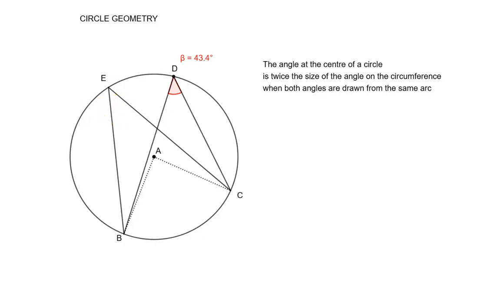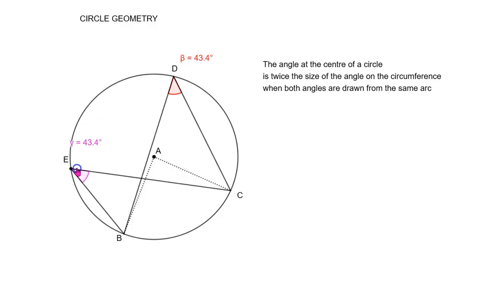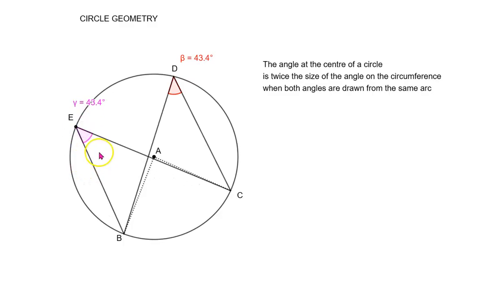If I go and put a measure onto it, I can see that it is actually the same. And if I go and move this point around, no matter where I put that point on the circumference of the circle, the angle E that's drawn from this arc BC is the same size as this one that we've got over here.